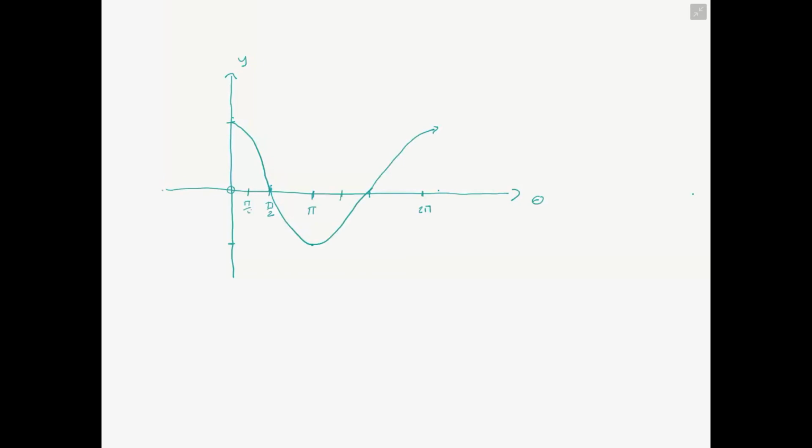It's not the prettiest cosine in the world, but now let's say, what is this, 3 pi on 2? Let's see, this is pi on 2, this is 3 pi on 2.